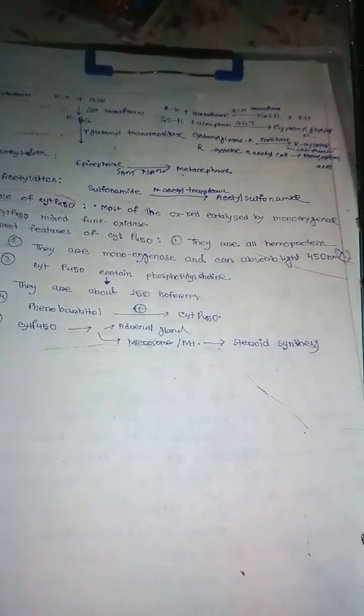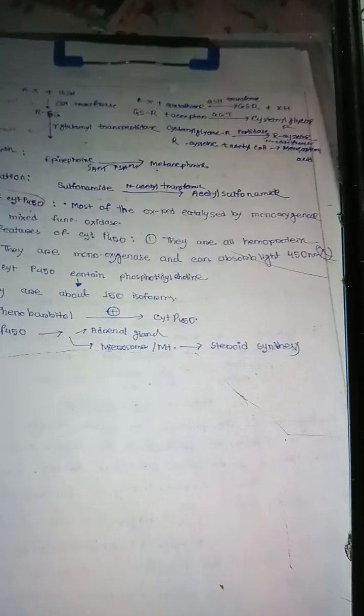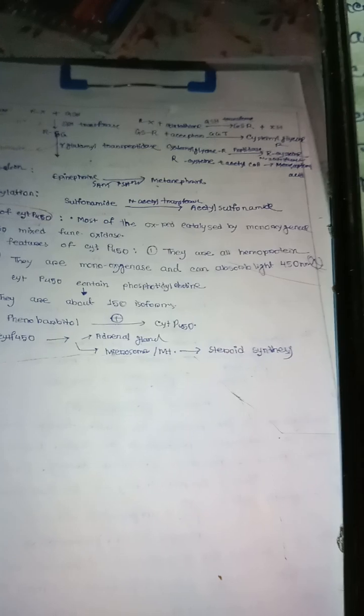It contains heme. It absorbs light of wavelength 450 nanometers. Phenobarbital increases the synthesis of cytochrome P450. Also, cytochrome P450 is found in the adrenal gland and in the microsomes and mitochondria, where it helps in steroid synthesis. So that's it.